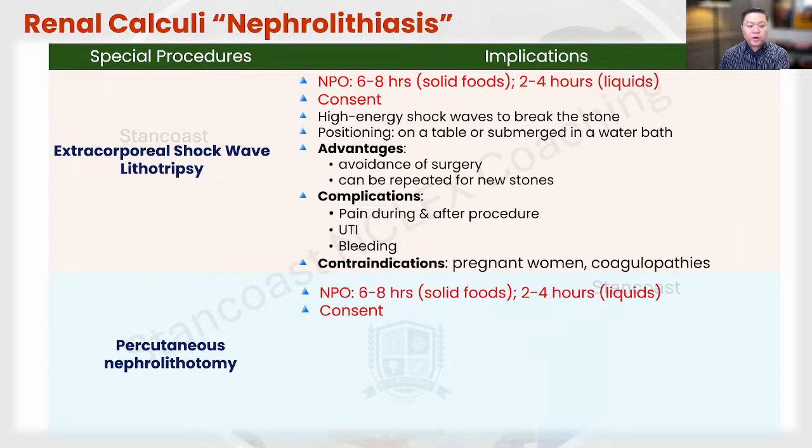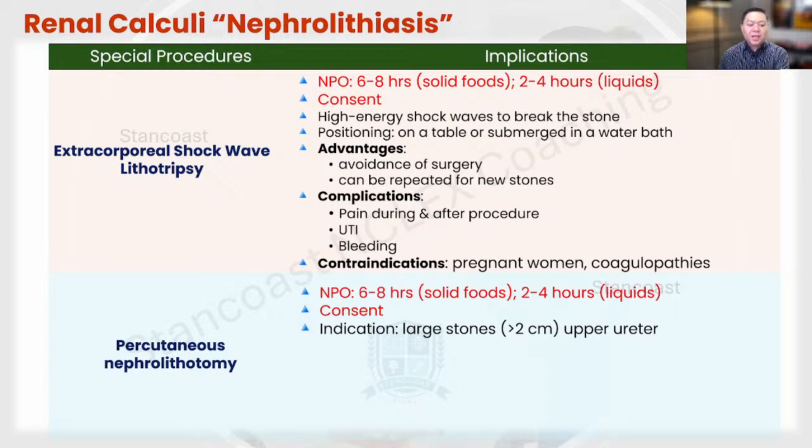Now, we need to know that the percutaneous nephrolithotomy is indicated for those stones that are larger than 2 centimeters, and if they're going to lodge into the collecting system of the upper ureter. So that is why this is going to be used as one of the procedures for stones greater than 2 centimeters.